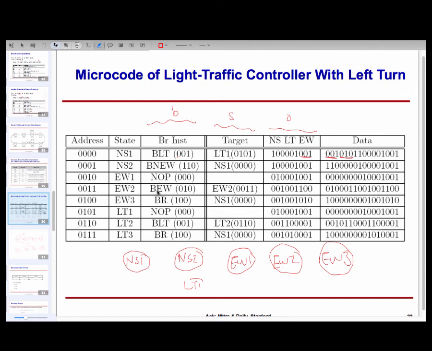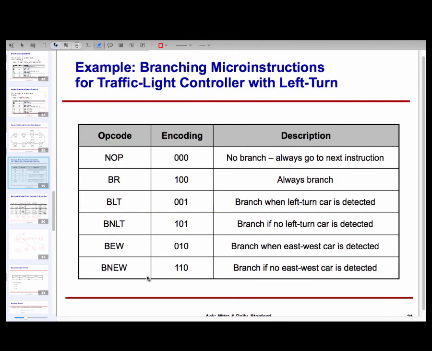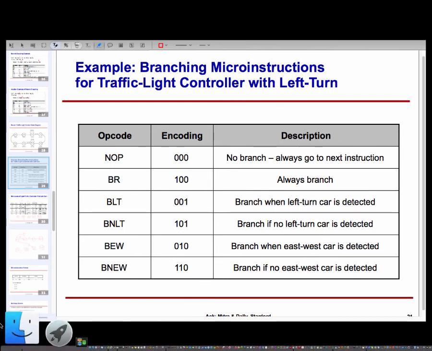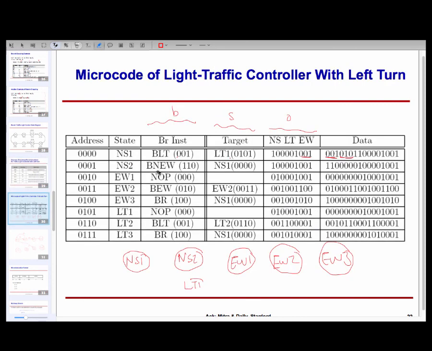So what is this instruction saying? BEW, let's go back out here. BEW, branch when east-west car is detected. So branch if east-west car is detected, and where are we branching to? East-west 2.